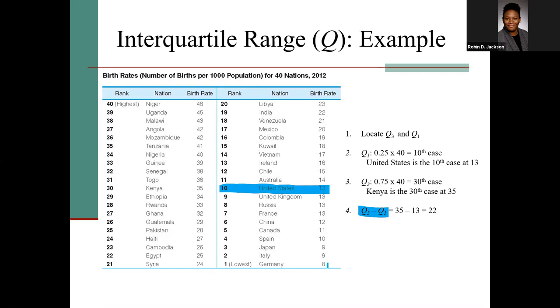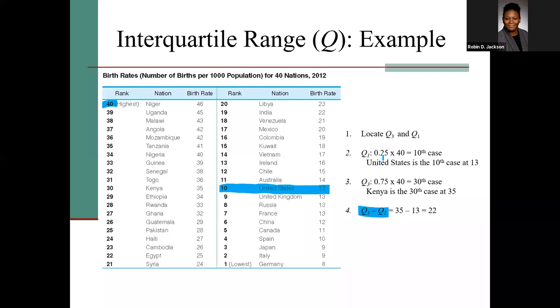Your lowest score is going to be your number 1 in the rank, not because it's the greatest, but because it's the lowest score. Your highest score is going to be whatever your highest number is. In this situation, we've got 40 cases, so the highest number is 40.